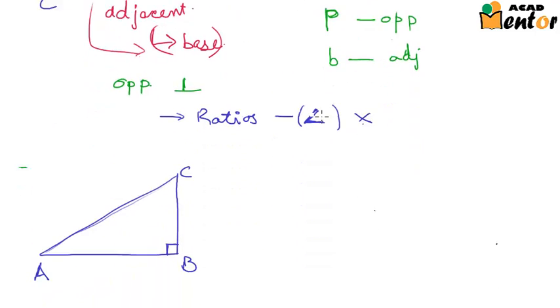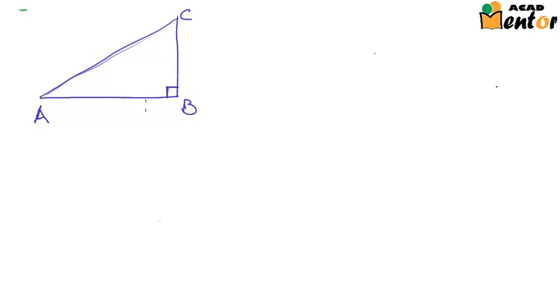Now let's see what trigonometric ratios are in store for us. If this is the right angle triangle, right angled at B, let us consider trigonometric ratios for angle A. When considering angle A, BC is the opposite side and will be the perpendicular, while AB is the base, the part of the angle, and AC is the hypotenuse as always.